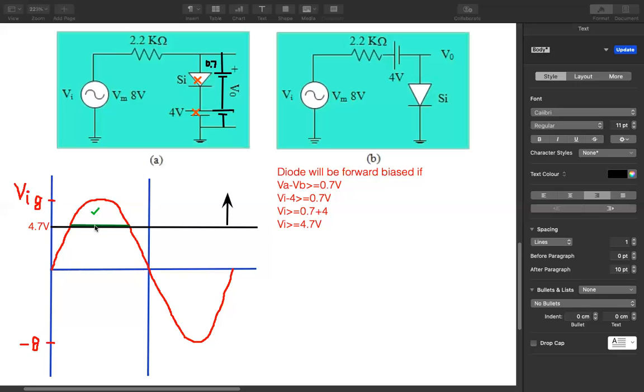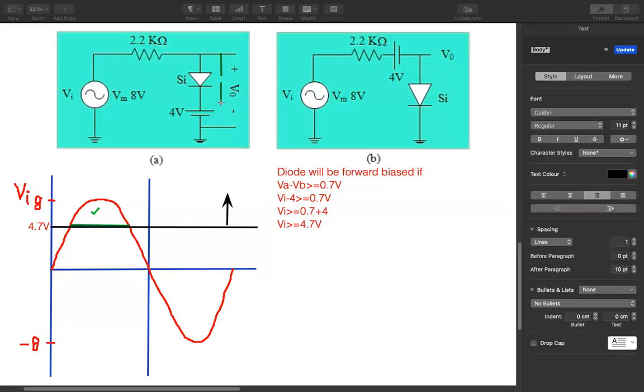Now in the rest of the region, your diode is reverse biased. So if your diode is reverse biased, now you have to draw the equivalent circuit for the reverse bias. I am removing this, and now I will replace this with the equivalent circuit of the diode in case of reverse bias.